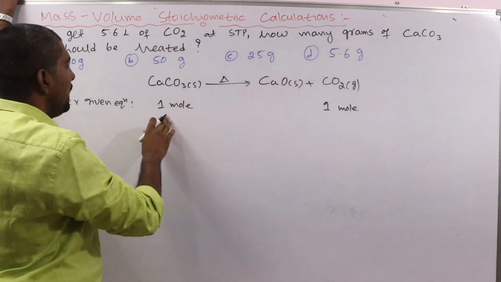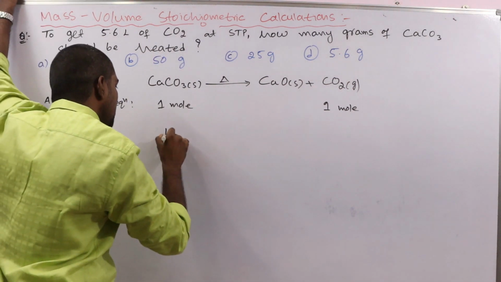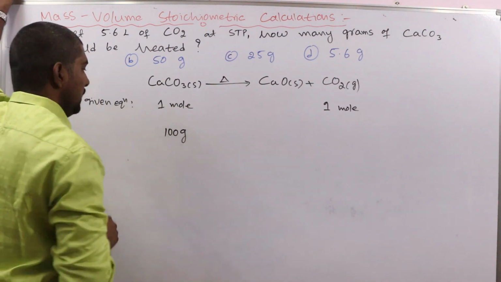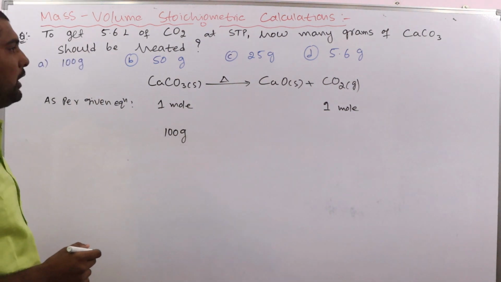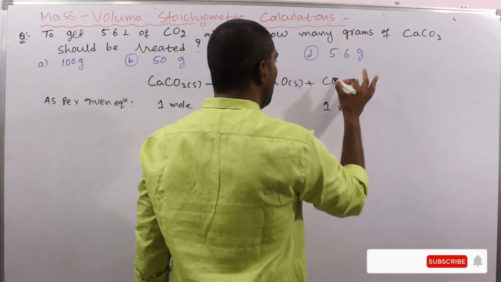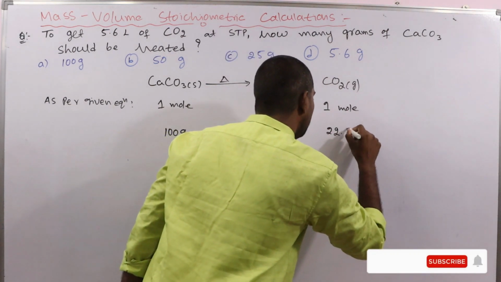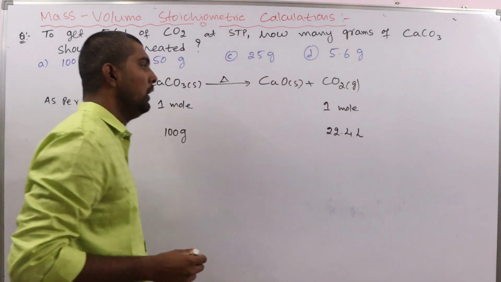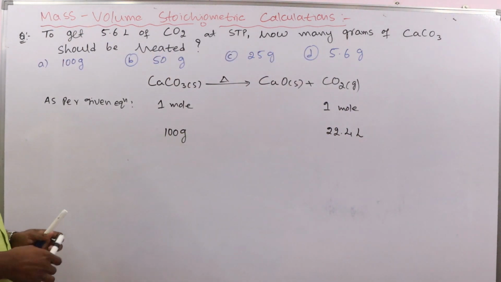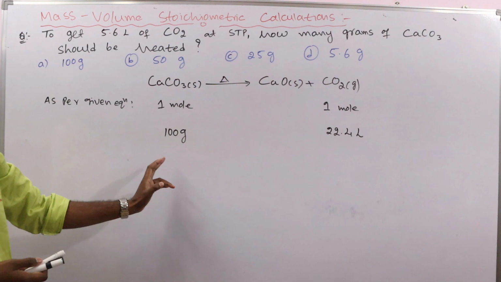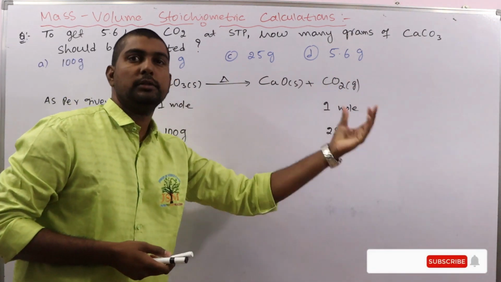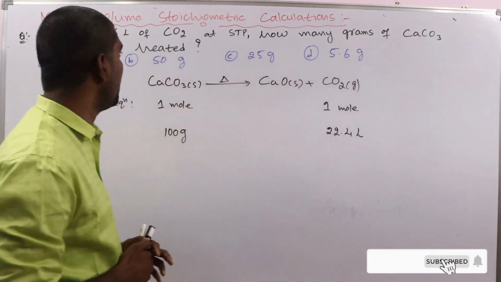Here 1 mole of calcium carbonate is nothing but 100 grams of calcium carbonate, and 1 mole of carbon dioxide is nothing but 22.4 liter of CO2. Why are we taking grams here and liters there? That depends upon the given problem.